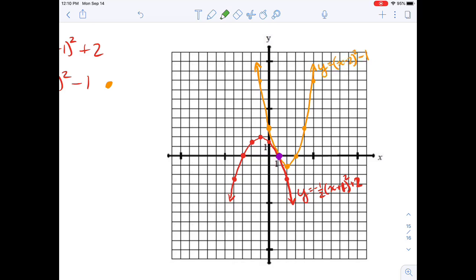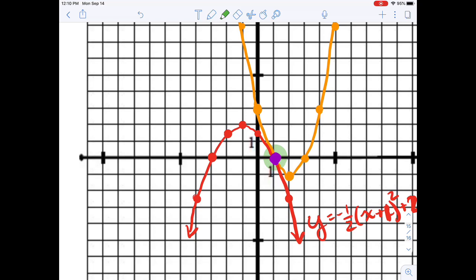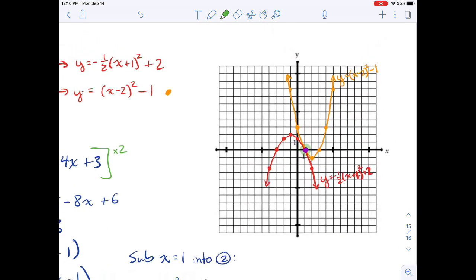And we notice that there is just this one specific point that I've highlighted in purple, where even though, because of my very rough sketching, it does look like there's a few points where they touch, if we were to zoom in really close on more exact graphs, we would actually see that they only just touch at that exact point, and even though they're really close everywhere else, they're only officially touching at that one specific point that we found, (1, 0).